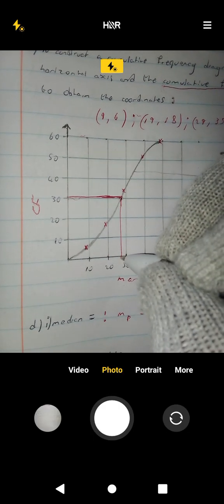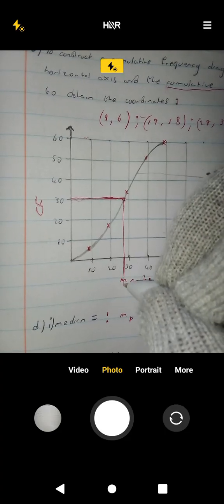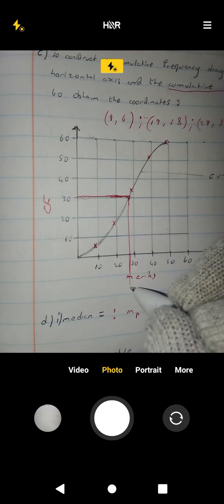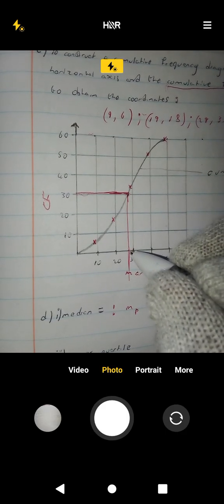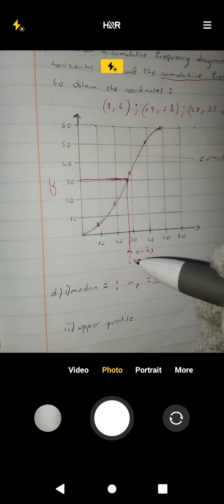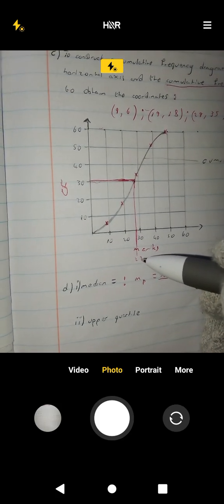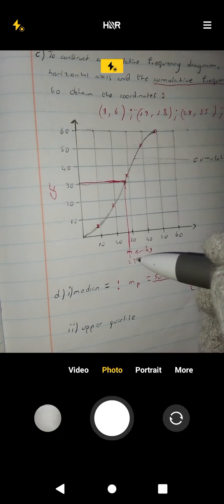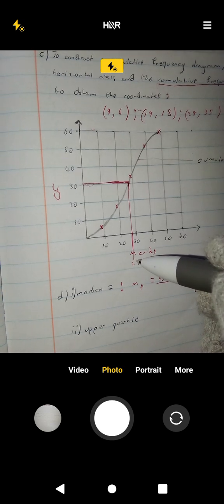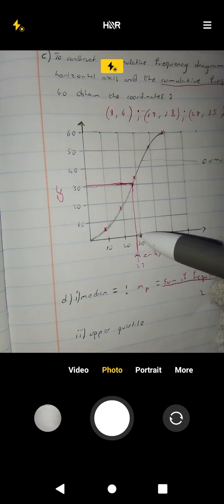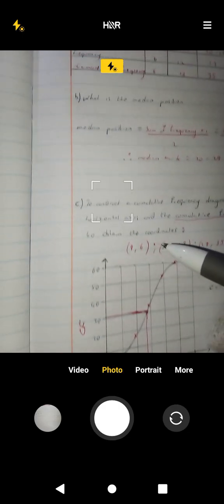Okay, I assume this is about 20, 25, 26, 27, about 27. Yes, I assume it's about 27. This is our actual median, but let's go to the cumulative frequency table.